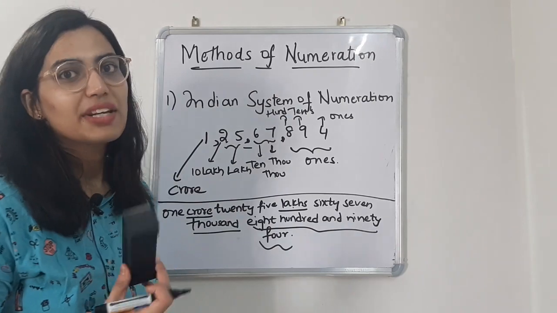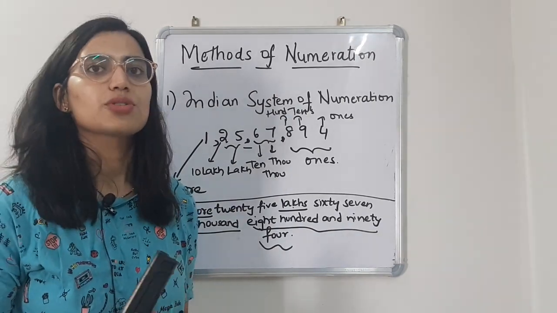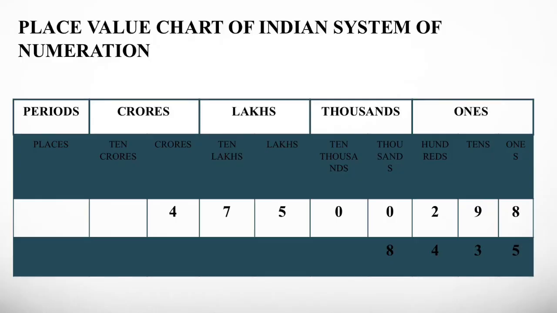Now let's see the place value chart so that you'll be able to solve more problems. As you can see on the screen, this is the place value chart of the Indian system of numeration. Towards the left hand side we have periods and places written in the first column.